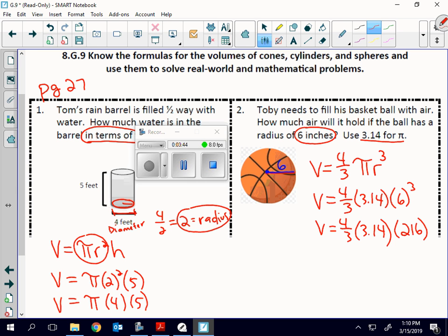When I put that in my calculator, 4 divided by 3 times 3.14 times 216, I get 904.32. Did I round? No, I didn't round at all, so that would be the answer unless they tell you to round, and this would be inches cubed.